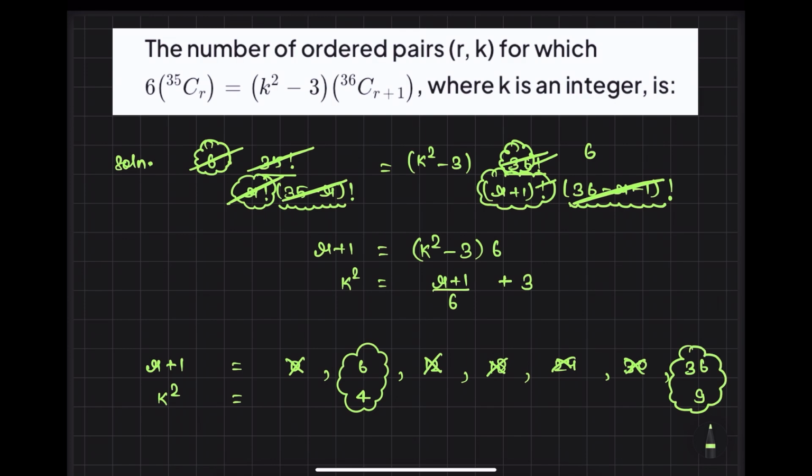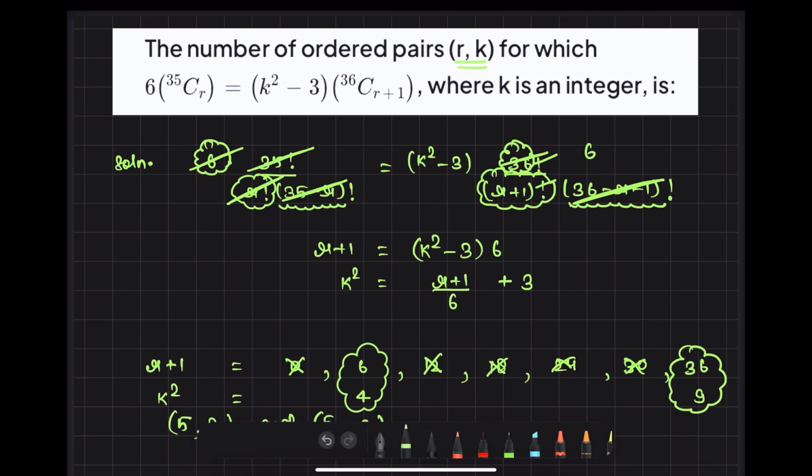Now we have to tell the combinations of r comma k. If r plus 1 is 6, r becomes 5, giving (5, 2) and (5, minus 2), because k is an integer, so this is allowed.